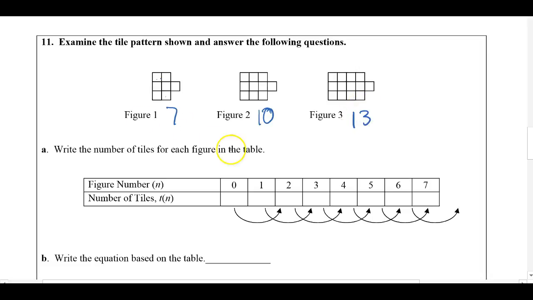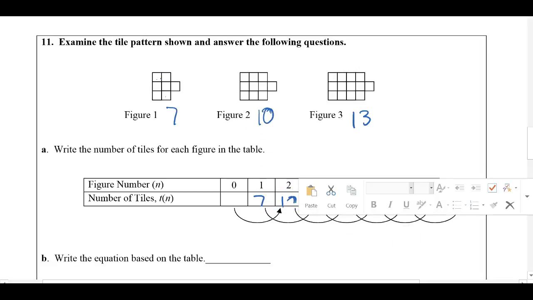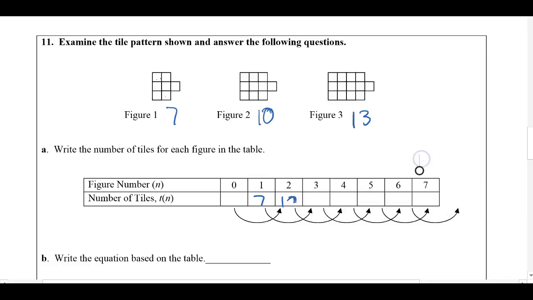So now I take figure 1 and put it under the 1. Figure 2 goes under the 2, and then figure 3 goes under the 3. And now I recognize right away the pattern is going by plus 3, plus 3, plus 3.